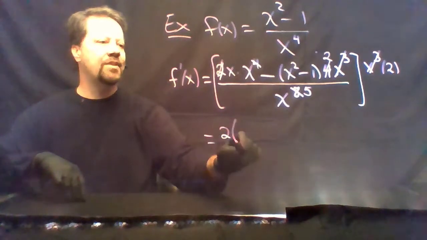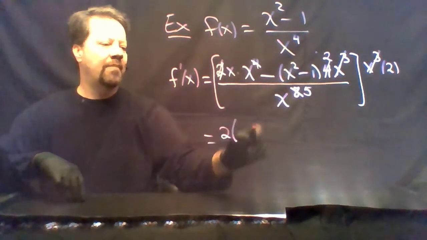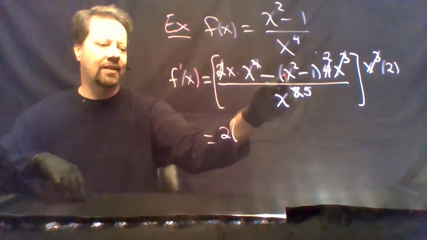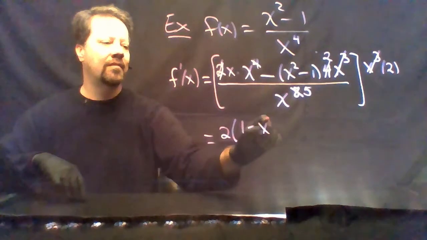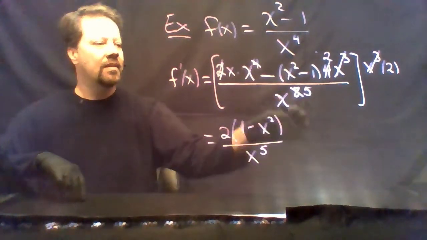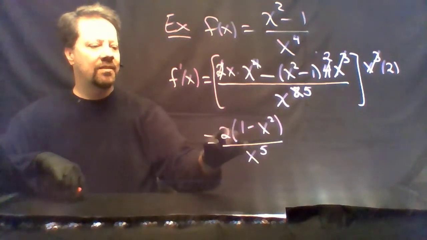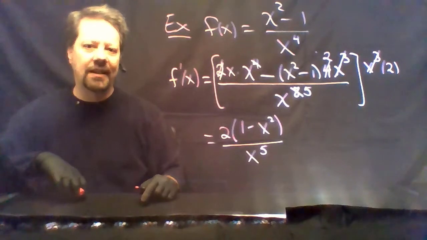We'll have 2 times the quantity, x squared, minus a 2x squared, that's a negative x squared, and then plus 1. So we get 2 times the quantity, 1 minus x squared, divided by x to the 5th.